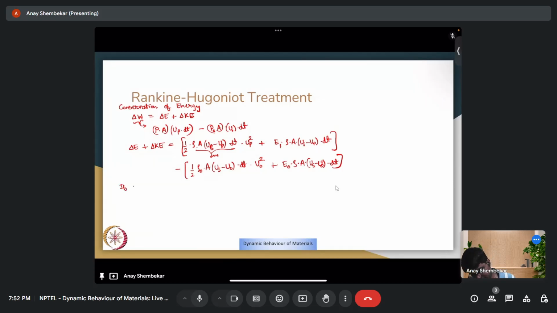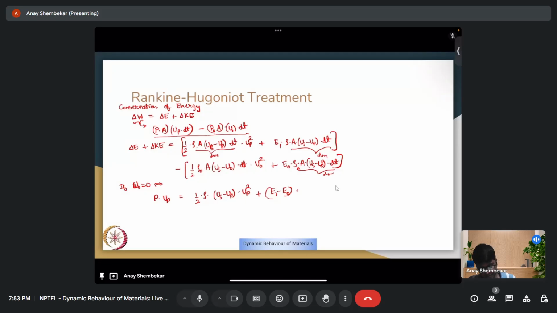If we take U naught equal to 0, you have P into UP from this equation. I'll cancel out the A and dt terms, which is equal to half rho US minus UP into UP square plus E1 minus E naught. These two terms are essentially my dm terms.